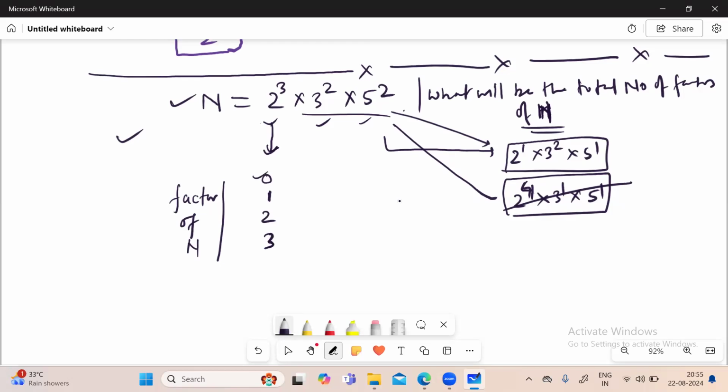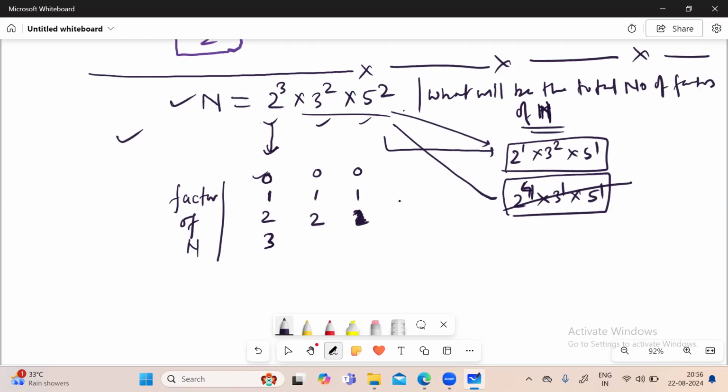We can take 0 power of 2 also, because there is no restriction that the factor will have 2 or not. Similarly, we can use any of the 3 powers of 3, and any of the 3 powers of 5.